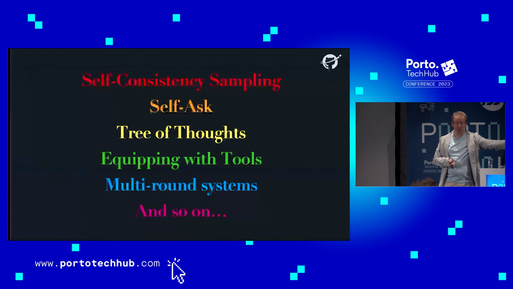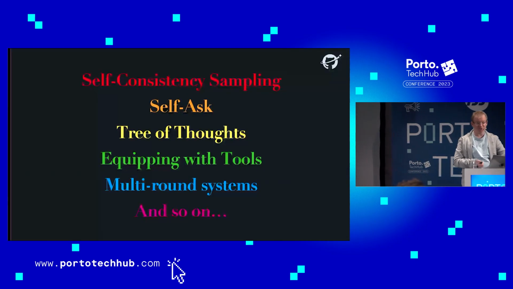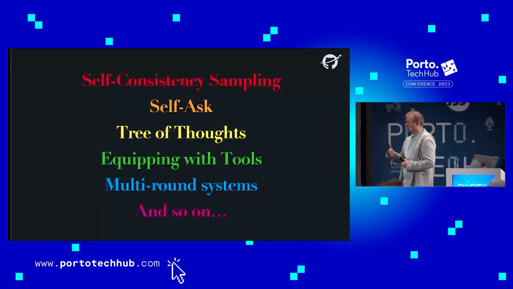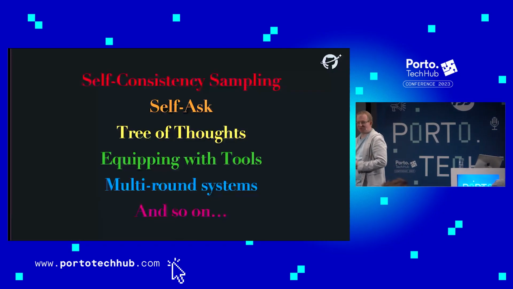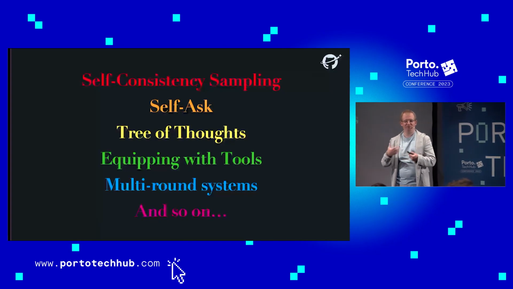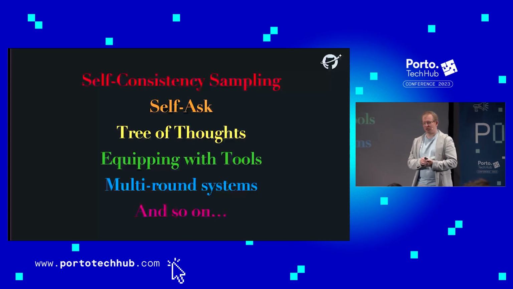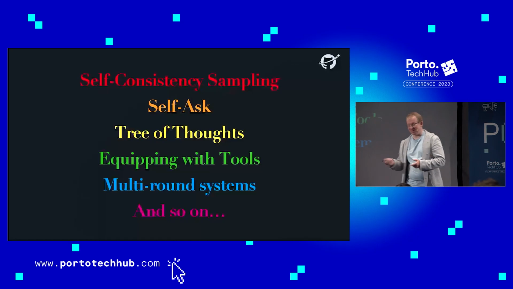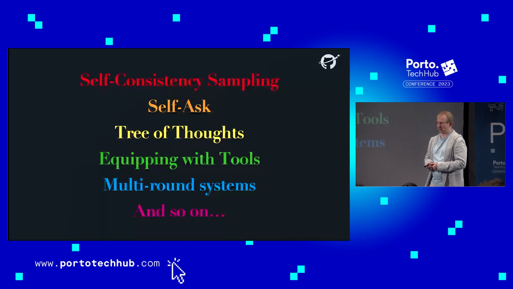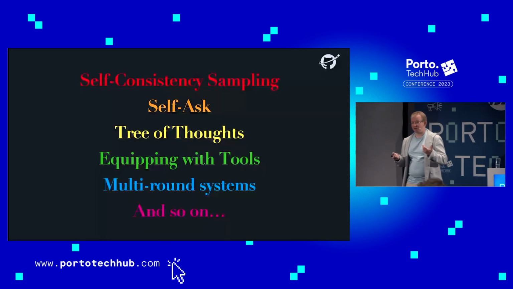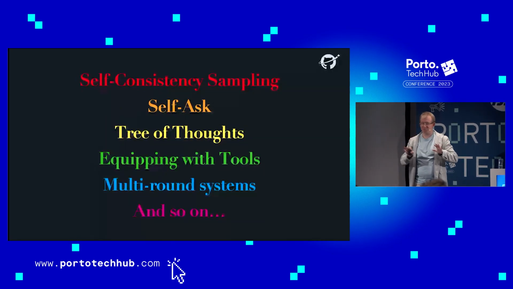Equipping with tools. This is also a really powerful and popular technique nowadays. We basically try to allow the model to communicate with existing systems, so the model can get additional information if it needs, or can perform some actions if it needs. For example, it can query a database, or it can query the internet, or it can perform other actions on behalf of the user, which is transparent, invisible to the user.